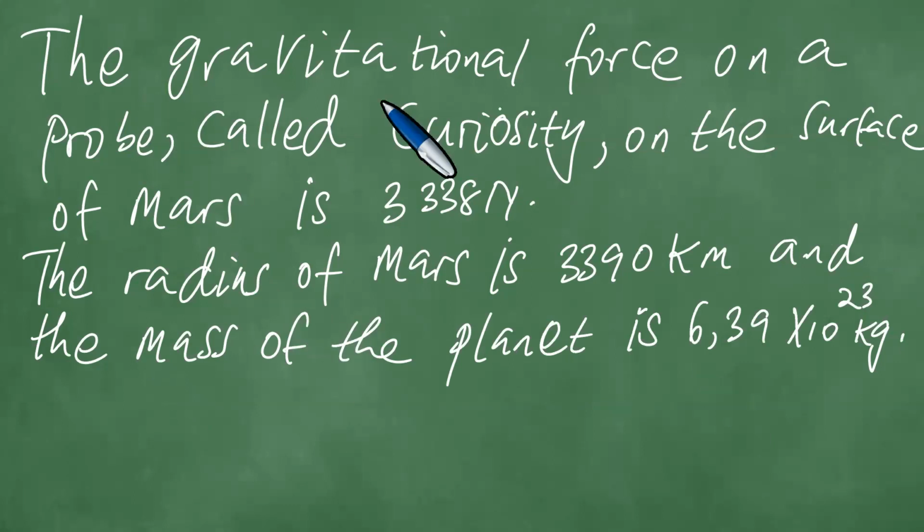We start by saying the gravitational force on a probe called Curiosity on the surface of Mars is 3,338 newtons. But the radius of Mars is 3,390 kilometers, and the mass of the planet is 6,39 times 10 to the 23 kilograms.